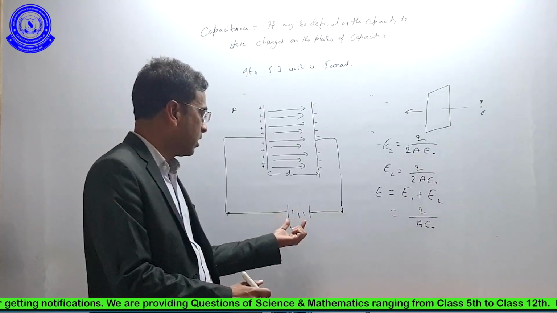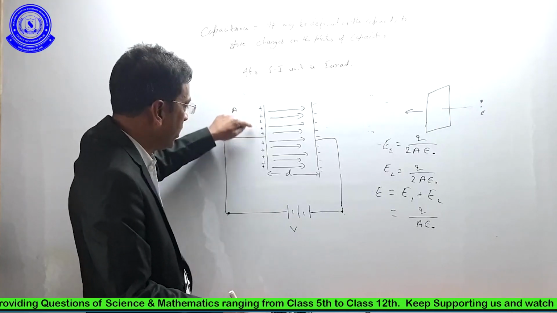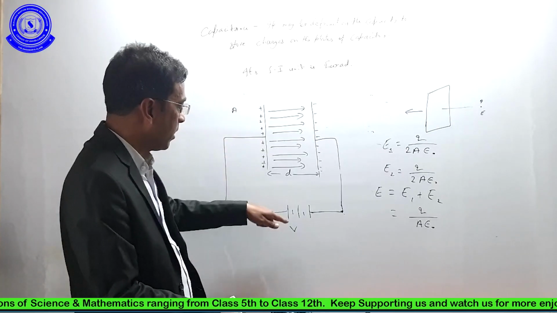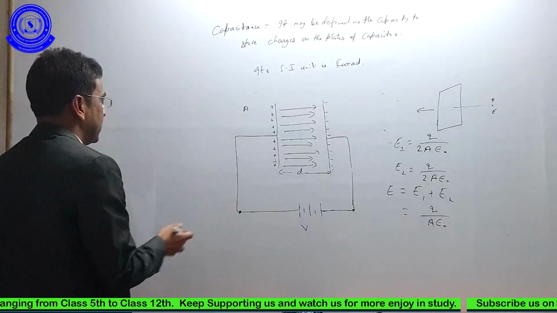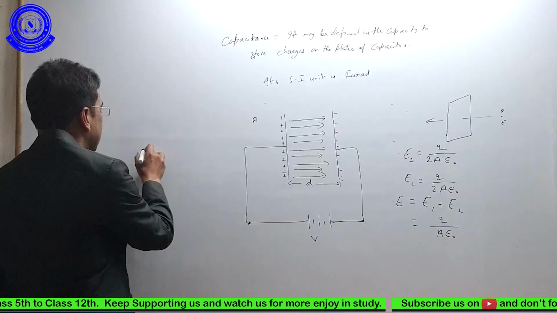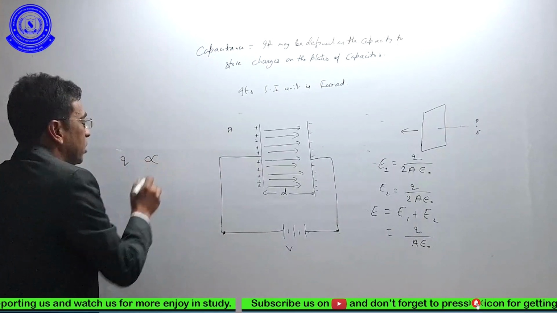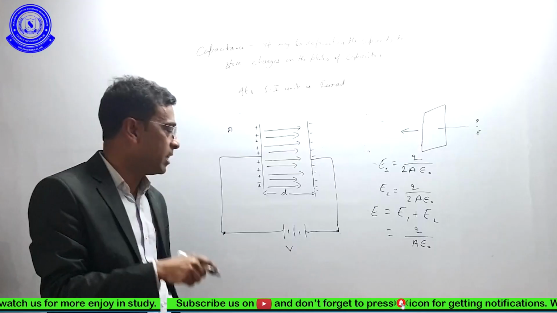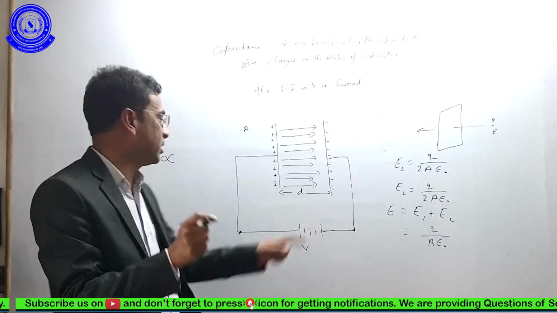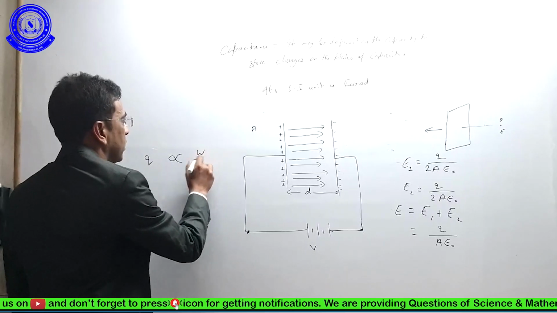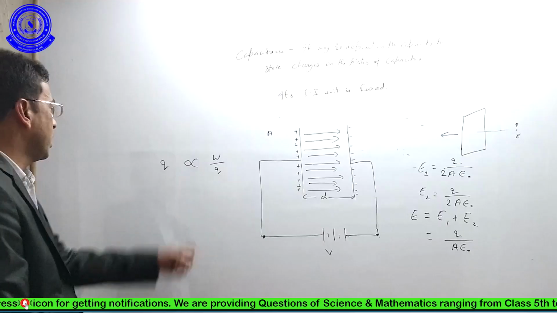So the work per unit charge is carried out by this EMF. We can say that the charge collecting here is directly proportional to the work done by this battery per unit charge.